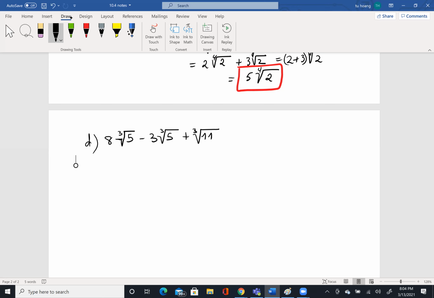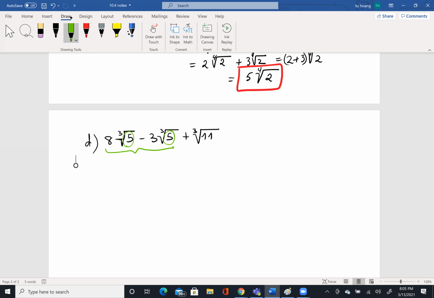So here I have a subtraction, right? How can I do this one? I know that the smallest radical here is 5. Can I convert radical 11 to 5? I don't think so. So I'm just going to combine these two only, because you cannot do anything with 11, right?